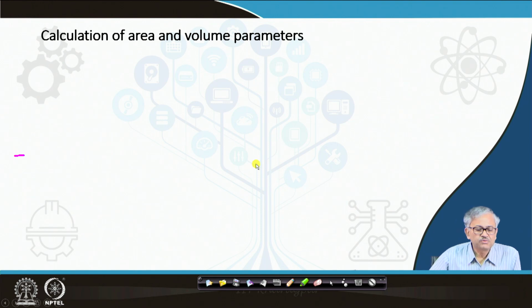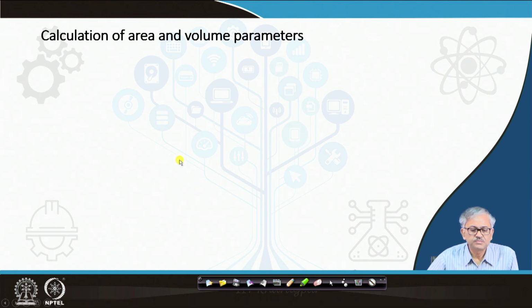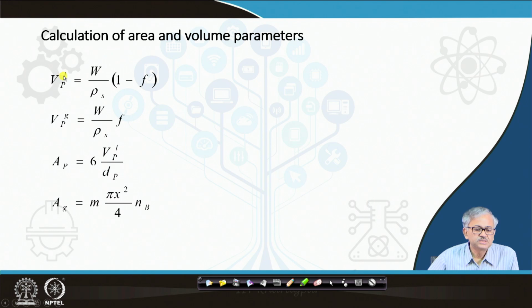Now I am showing you how to calculate the area and the volume parameters. This is the total volume of the free rising particle. Suppose W is the injection rate, that is, the amount of powder injected per unit time, and rho s is the density of the powder particle. So this is the volume injected per unit time, out of which let us say a fraction F is attached with the bubbles.